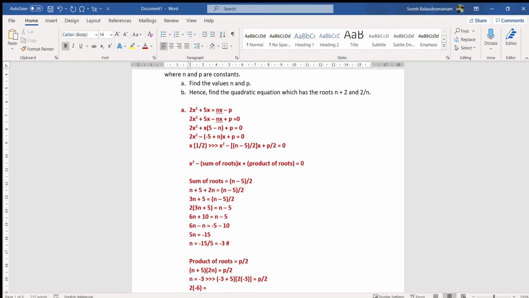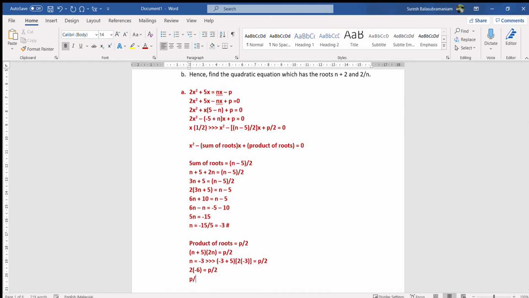So 2 times negative 6 equals p over 2, p over 2 equals negative 12. p equals negative 12 times 2, which will be negative 24. So I got the value of p, negative 24. I got the value of n, negative 3.